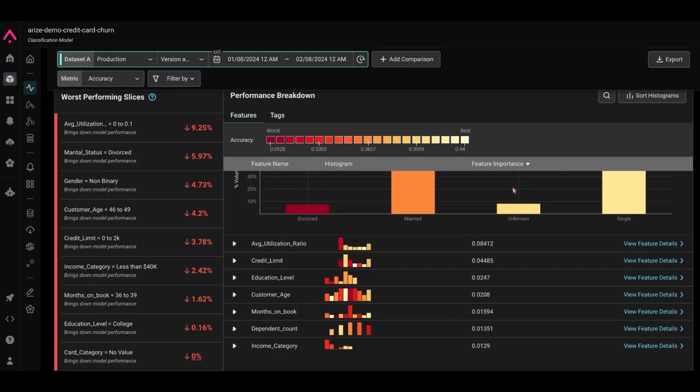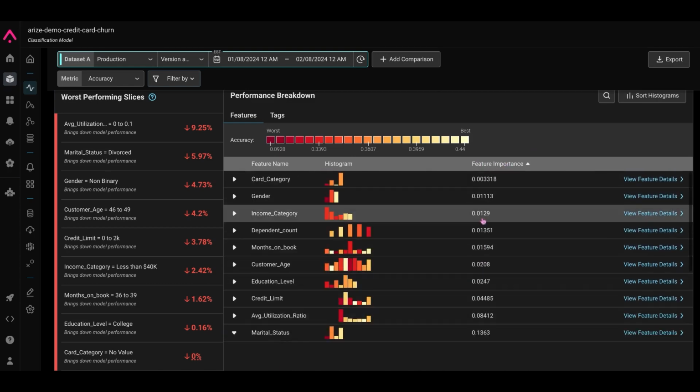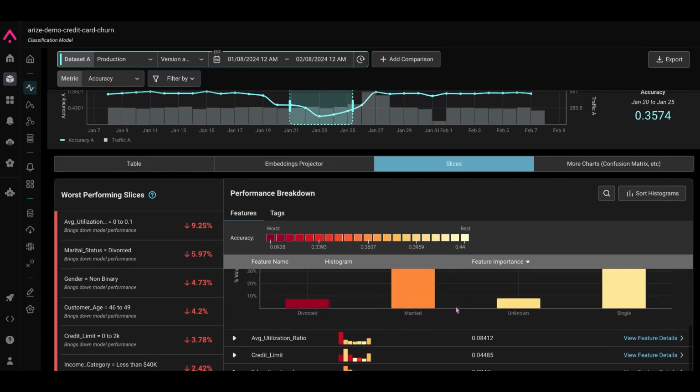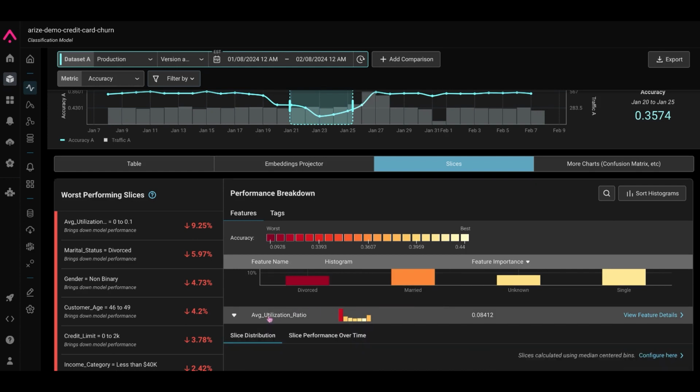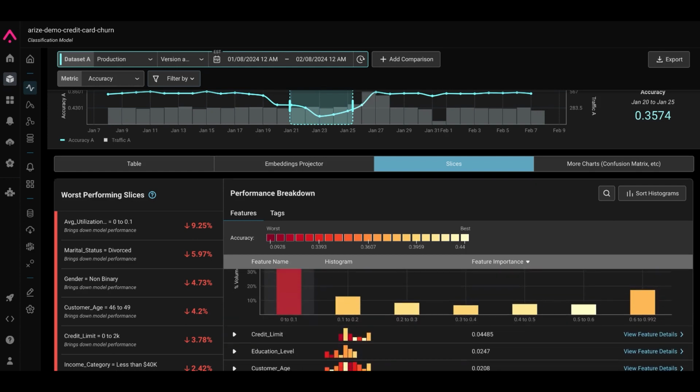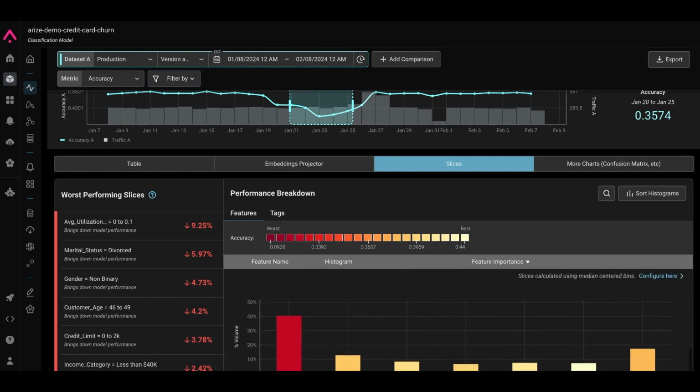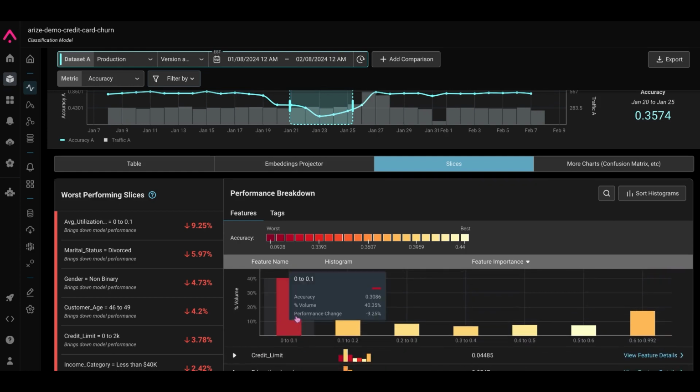Another very high feature importance is going to be around our, I can also go by which ones are the most important to which ones are the least important. But going by most important feature, we are also looking at this ratio. I can go into full screen mode as well, but looking at the ratio of utilization. So people that have a low utilization are churning.